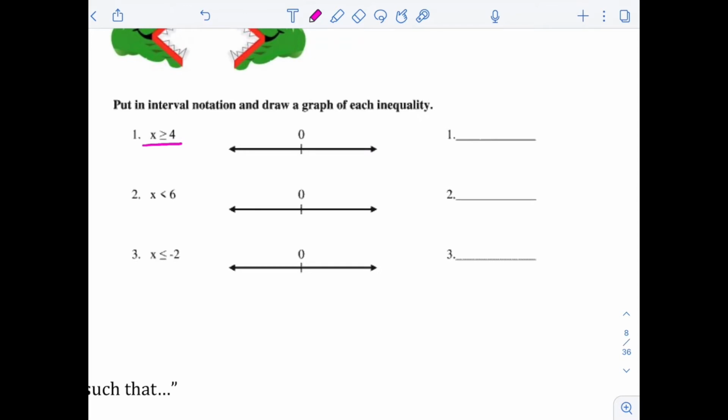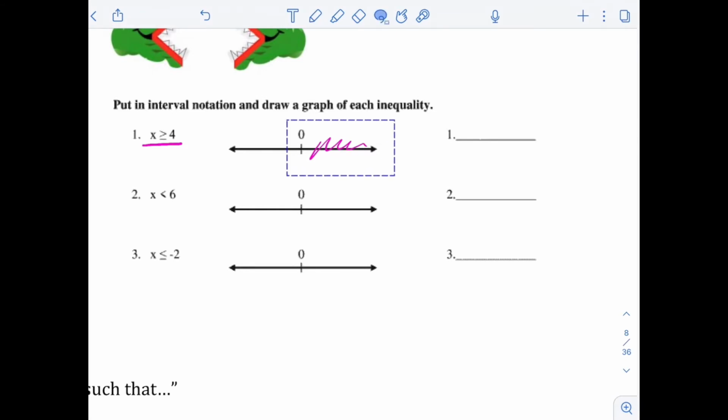Now, if you look at the number line, you have a line where the center is 0 and it goes on both sides. On the left side of 0 you're going to have negative numbers, and on the right side of 0 you're going to put all the positive numbers.